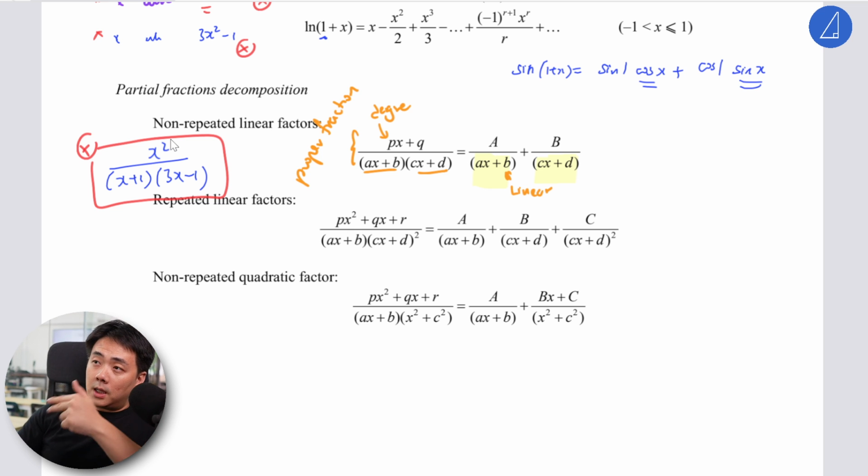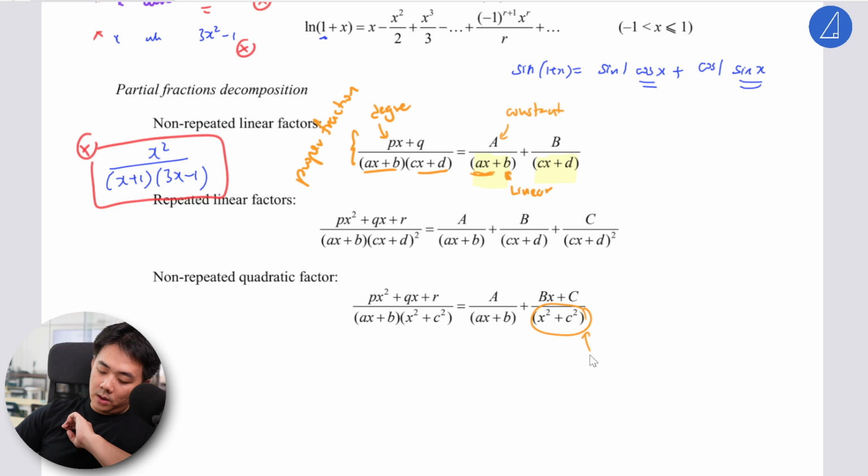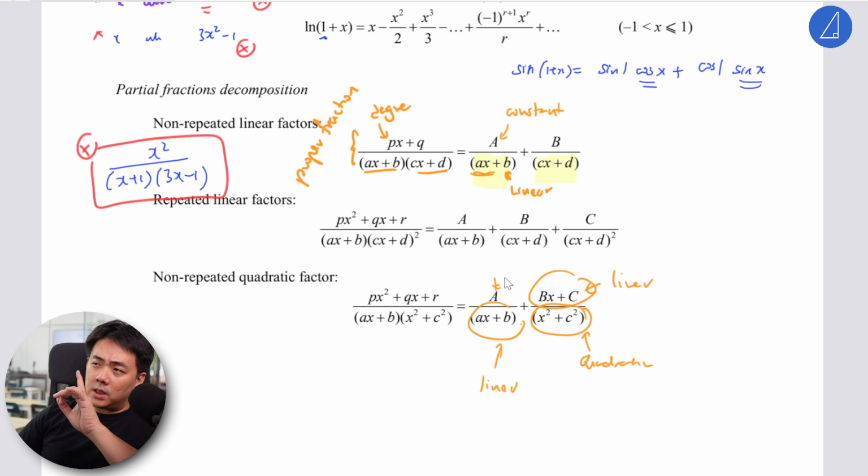Then the other thing is, if you split into proper fractions, remember that if the bottom is linear, the one on top would be a degree lower. If you see the bottom is quadratic, then the top is linear, definitely. Then if you see the bottom is linear, the top is a constant. It will always be a degree lower.